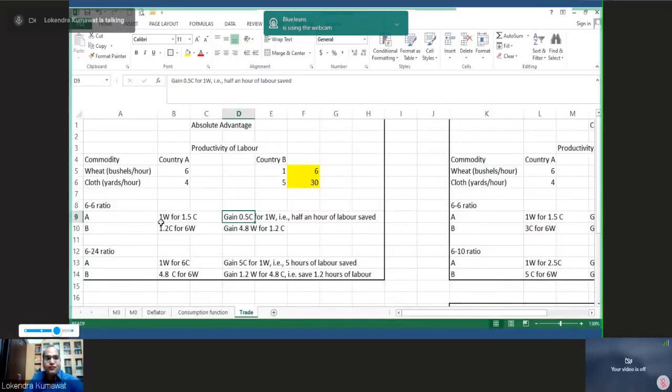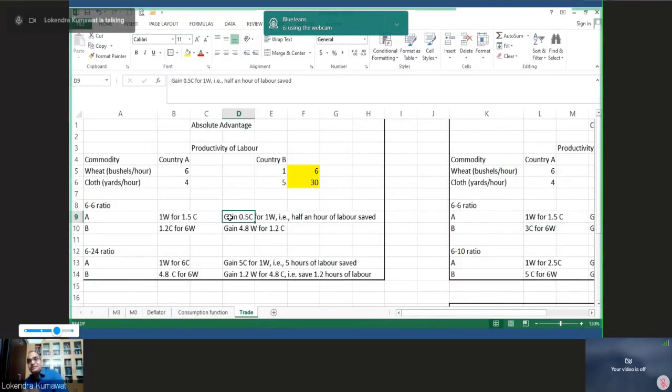Against 6 units of wheat, it is getting 6 units of cloth. The 6 units of cloth it can produce in only 1.2 hours, because in 1 hour it is producing 5 yards of cloth. So 6 yards of cloth it can produce in 1.2 hours. But against that, it is getting 6 hours worth of wheat, because these 6 units of wheat it will be able to produce only in 6 hours, which is huge.